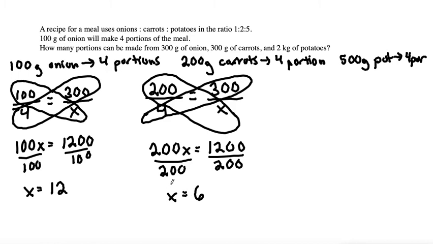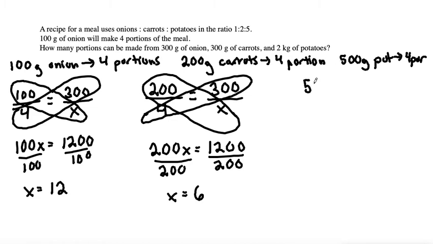So from the 300 grams of carrots, we can only make 6 portions of the meal. So we could make 12 with the 300 grams of onions, but we can only make 6 with the 300 grams of carrots.